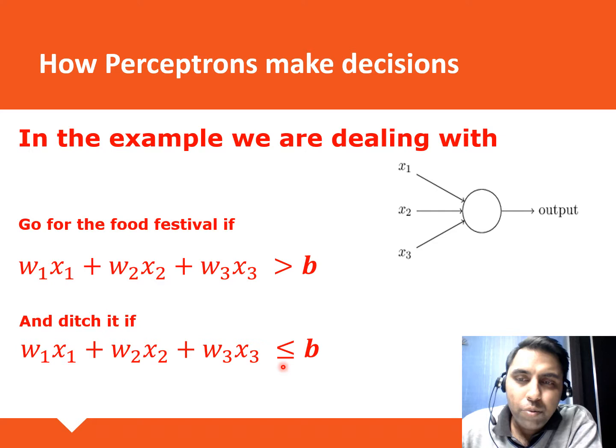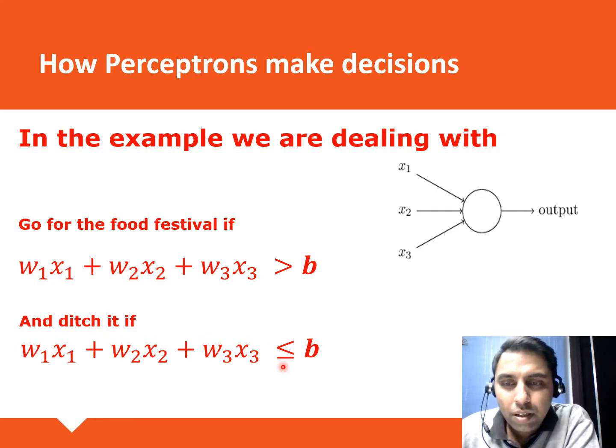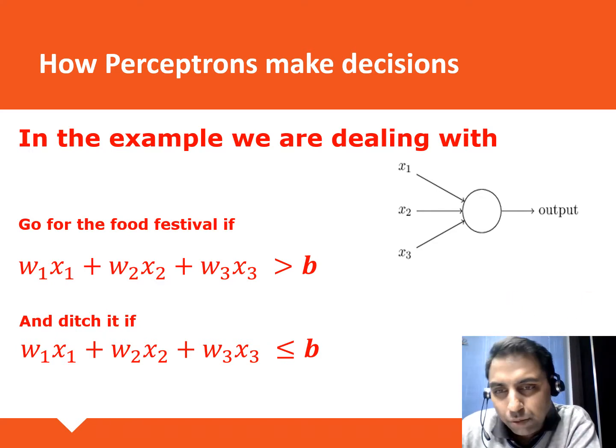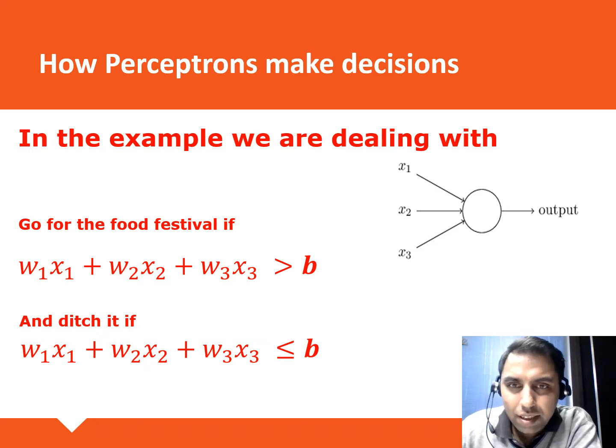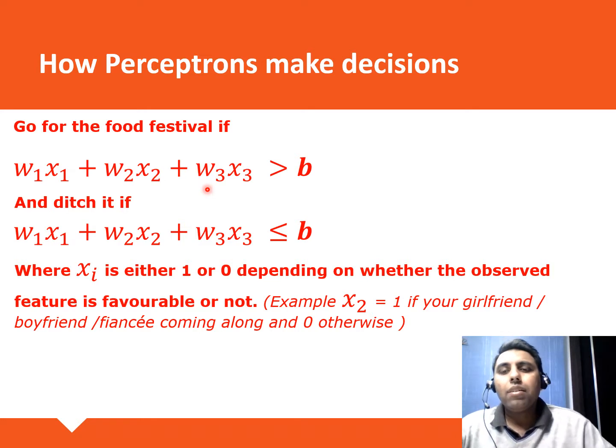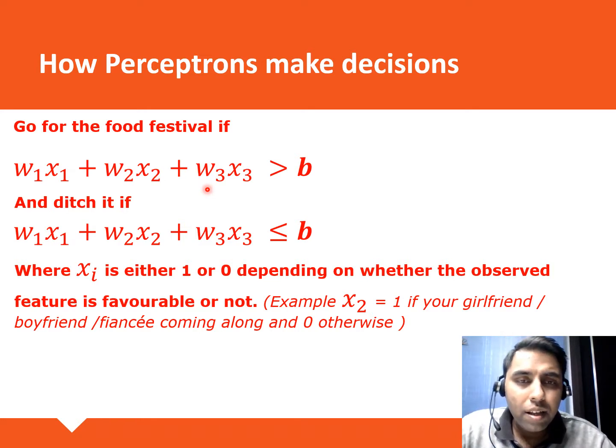Now for the moment, instead of doing all the hard work of estimating the w's and b's, let us assume some values and see how the decisioning unit actually works. This is the decisioning rule which we were looking at. Now let's say the x's, or the influencing factors, we code them as binary factors, 1 or 0.